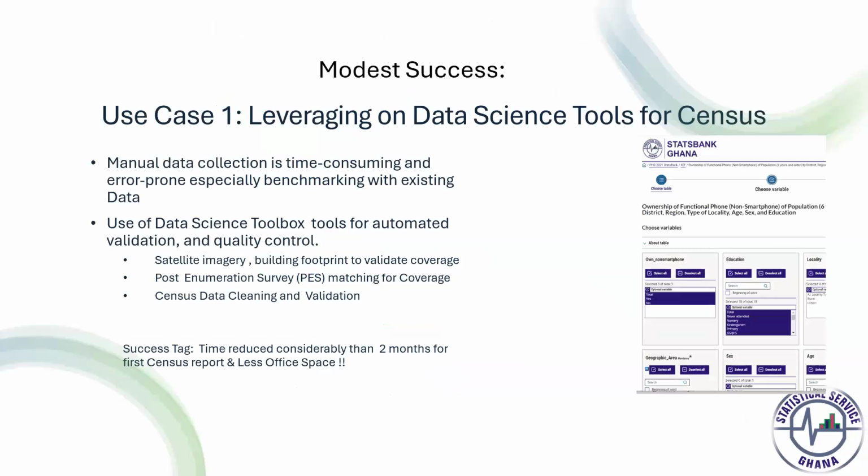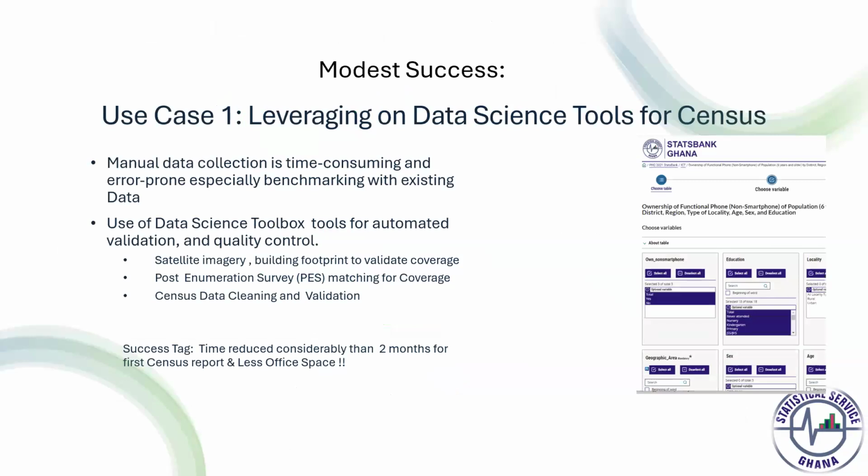Let me speak on our modest achievements so far. The first is that we leverage data science tools for census. All of us here, as most of us are from the NSOs, agree that manual data collection is time consuming and error prone, especially when benchmarking with existing data.